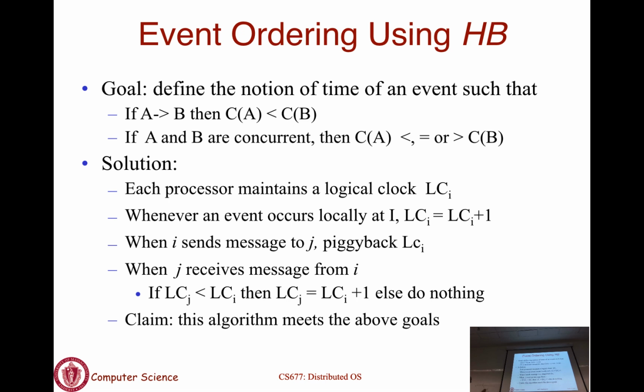But here you take max of 3 and 4, the value that has come, plus 1, so that's going to give 5. That is what you want, because if the send is 4, the receive cannot be less than 4. These two events are ordered by happened before, so the send has to have a lower timestamp than the receive. That is why taking the max of the two always ensures you assign the bigger of the two timestamps.